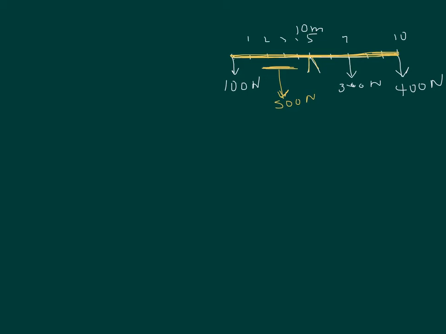So let's go over the problem again. We have a 10-meter bar, which we can ignore its weight. The fulcrum is in the center at 5 meters from one end. We have 100 newtons at one end. We have 300 newtons at the 7 meter position, and we have 400 newtons at the 10 meter position. And we want to know, we have a 500 newton weight we would like to hang on here, and we would like to know where do we hang it so that this is in equilibrium.